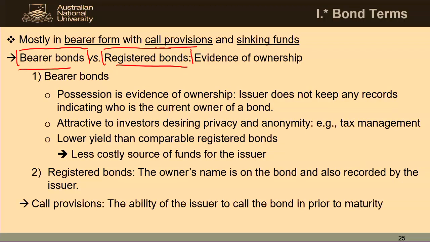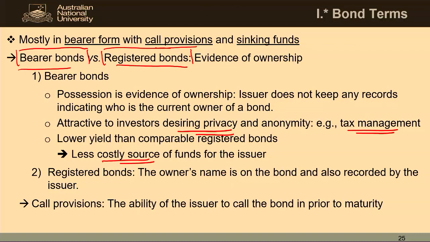So because it's less costly, it offers lower yield, which is something that we want. And for people who care about this bearer bond or this anonymity, they would want privacy, for example, tax evasion, tax management, right?